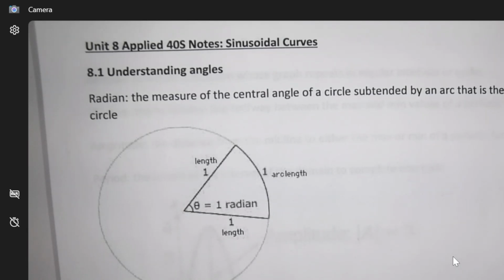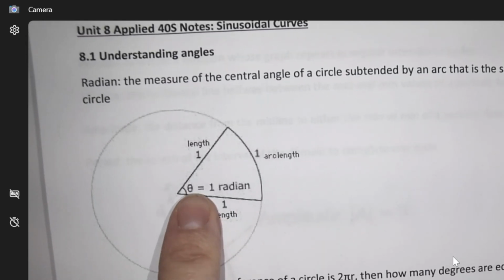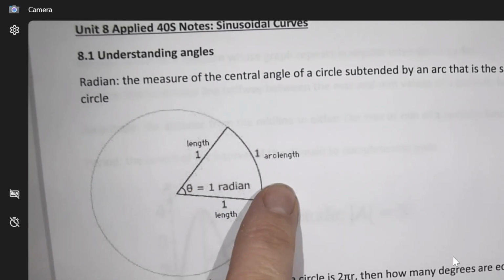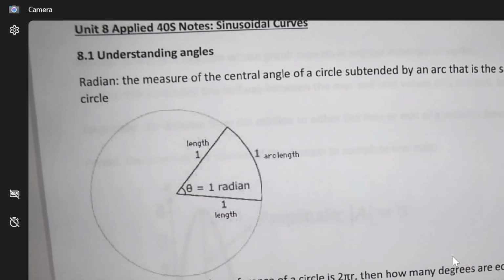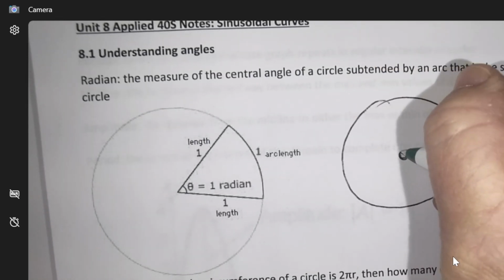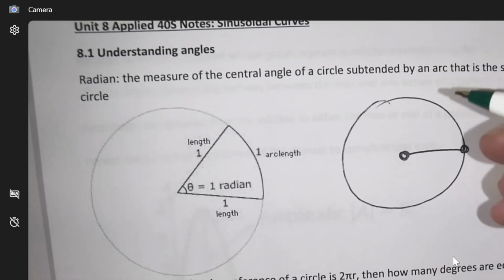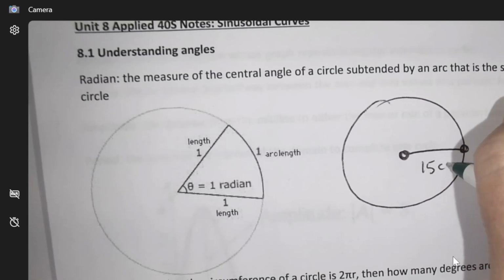Okay, so a radian is the definition of the angle when your arc length is the same as the radius. Do you know what a radius is? Let's just pretend this radius is 15 centimeters.